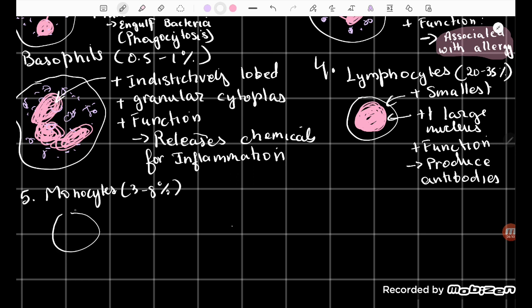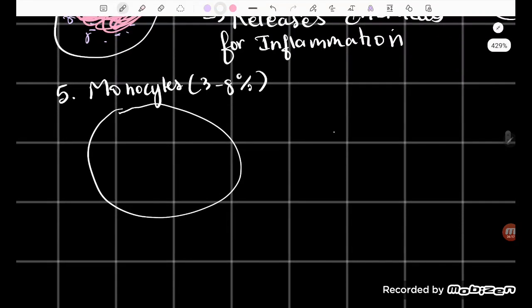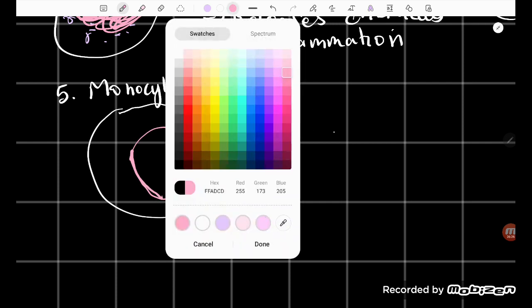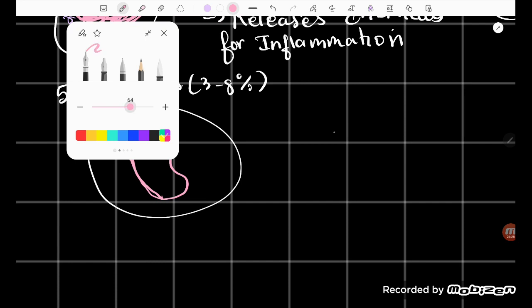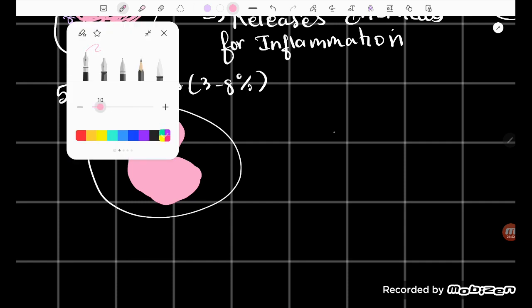Let me draw that out. These are the largest, rather large, and their nucleus is kidney shaped. Let me fill this up. Big fat kidneys.